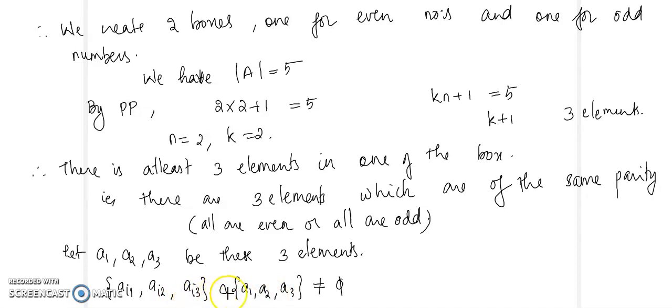So therefore the intersection will always be non-empty. So there will be a common element in both the sets. So let us assume that say a1 equal to ai3.